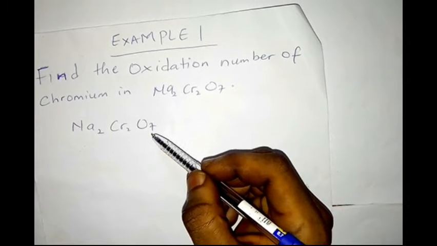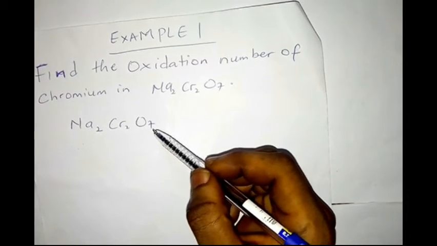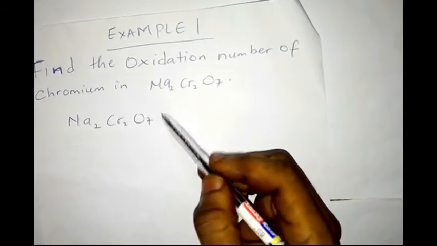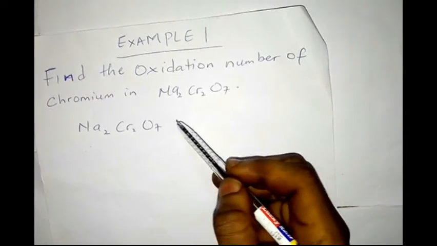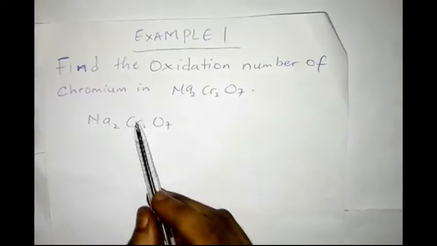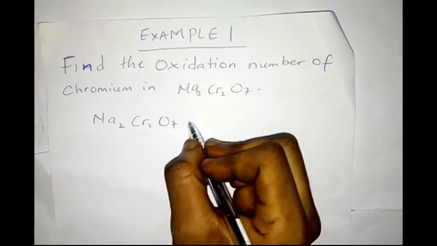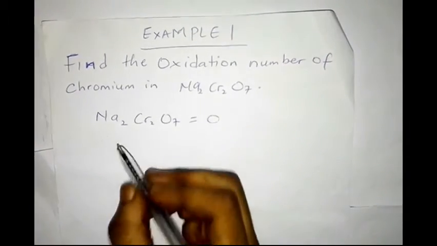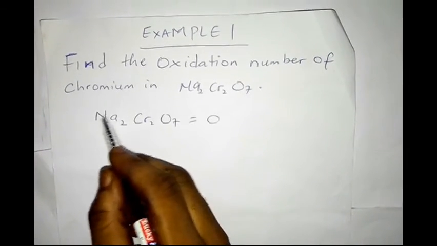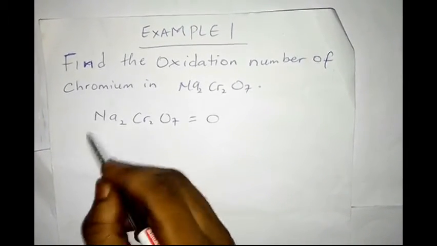It has no charge. And rule 7 says, in a neutral molecule, the sum of the oxidation numbers of all the atoms must be equal to what? 0. So, when we add the oxidation numbers of these 3 atoms, it must be equal to 0. Remember that we said the oxidation number of all alkali metals is +1.